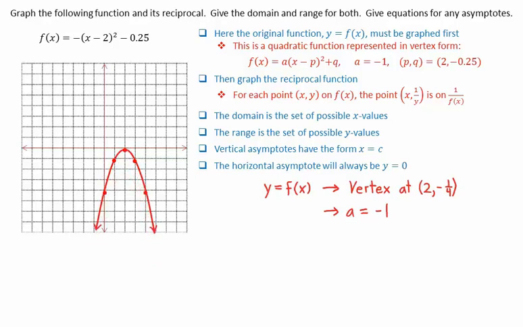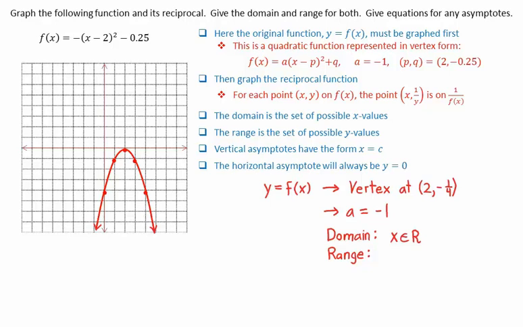We then have the graph of our original function, a parabola opening downwards. As for the domain of f of x, recall that the domain for any quadratic function is the set of all real numbers. As for the range, in this case we have a parabola opening downwards.